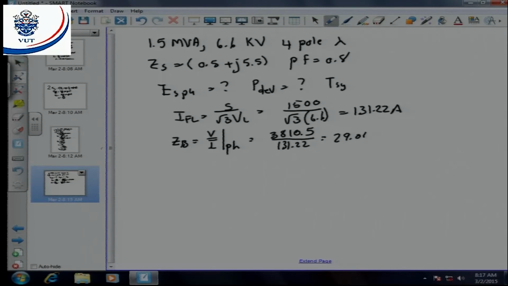Next step is to calculate the induced EMF. E is V plus IAZS, which gives us 3810.5.